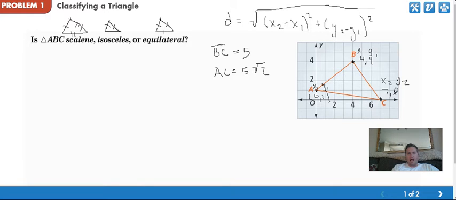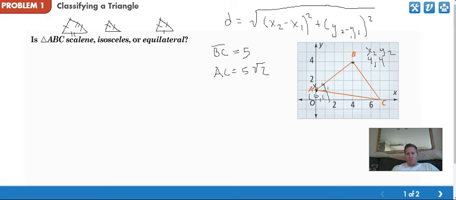And then my last step right here is to find, and let's erase this too, this AB length. So A, B right here is 4, 4, and we'll label this as x2, y2.